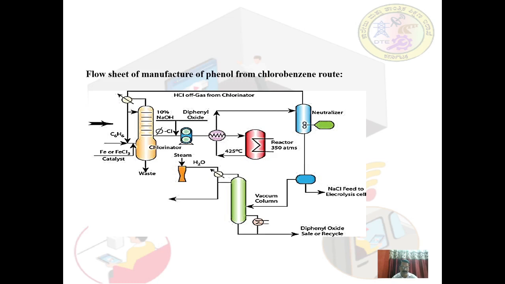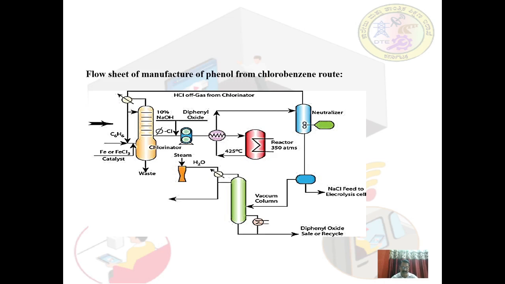The partially chlorinated mixture boils up into a fractionating column. Benzene is fractionated from the top of the column and returns as a recycle, while monochlorobenzene is withdrawn near the bottom of the column, right?